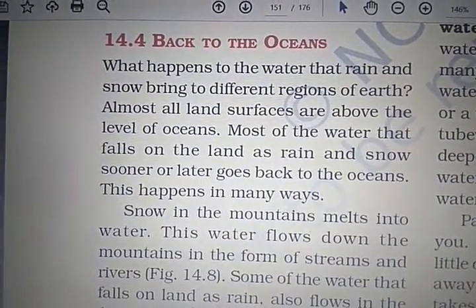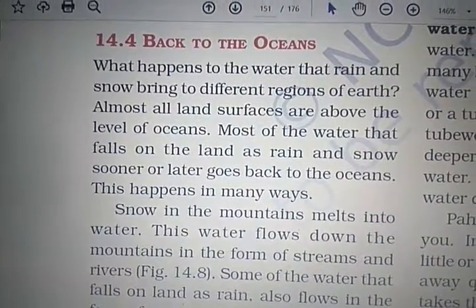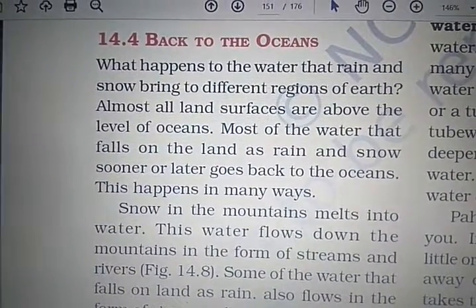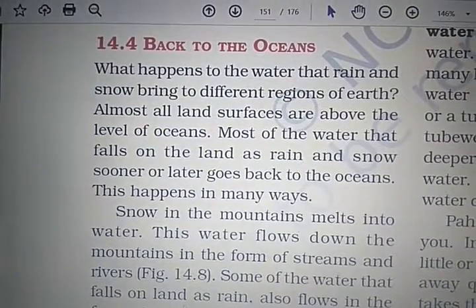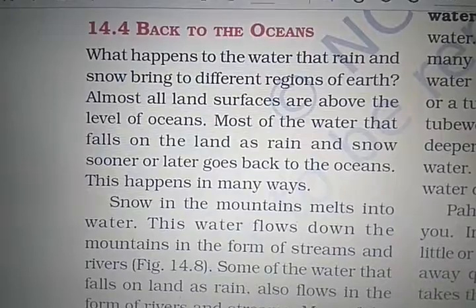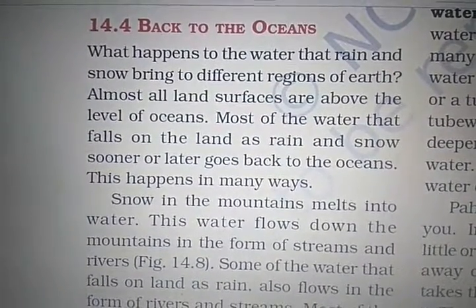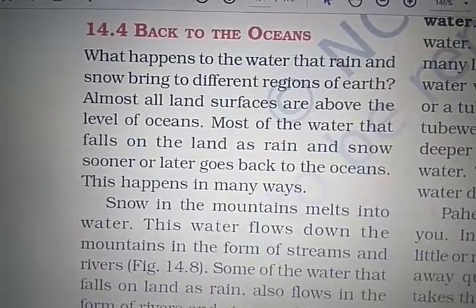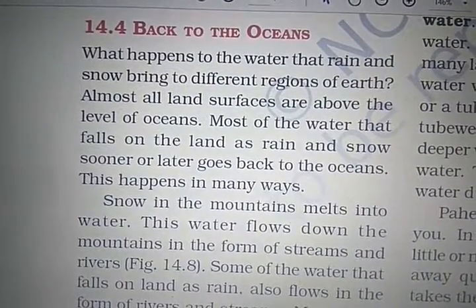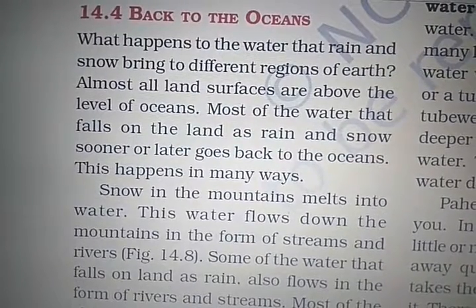Now the water comes in the form of rain, which goes back to the oceans. What happens to the water that rain and snow bring to the different regions of the earth? Almost all land surfaces are above the level of the oceans. Most of the water that falls on the land as rain and snow sooner or later goes back to the oceans.